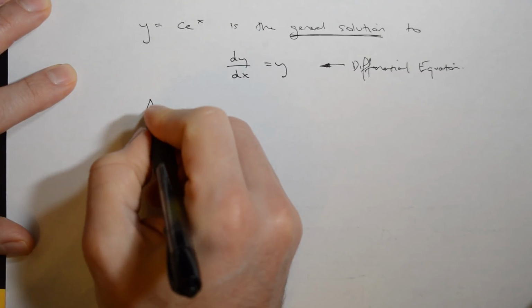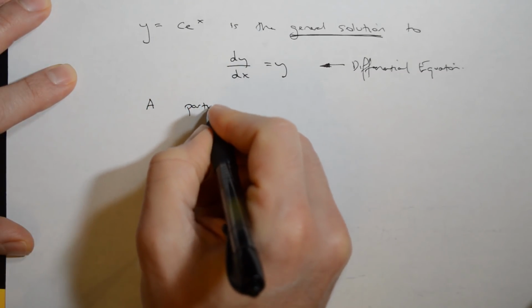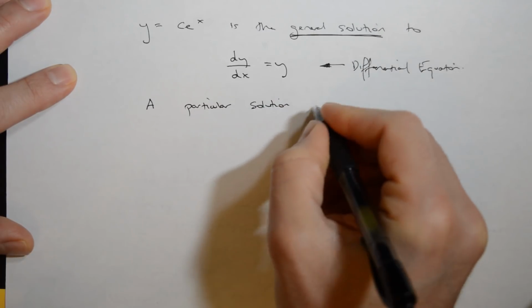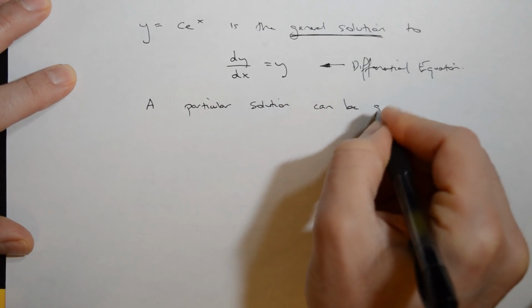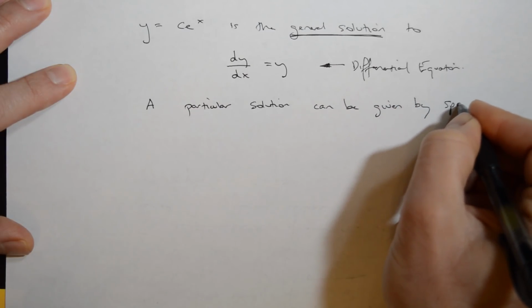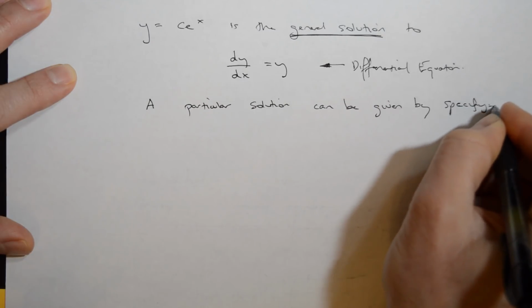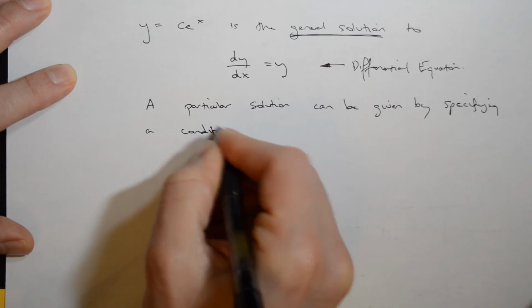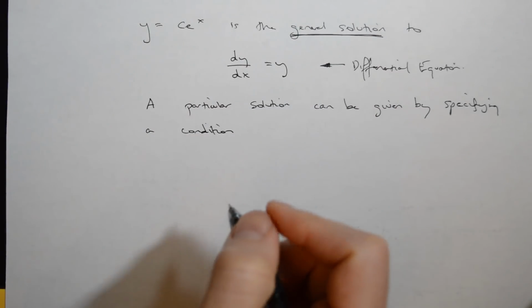So for example, we might say a particular solution can be given by specifying a condition, sometimes an initial or boundary condition, but really it's just a piece of information.